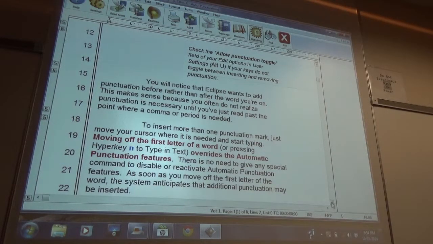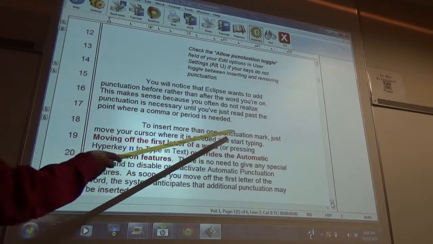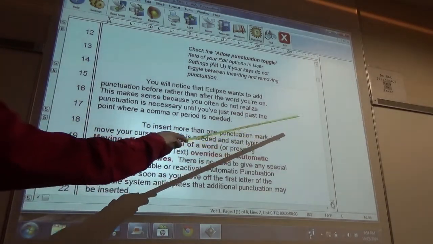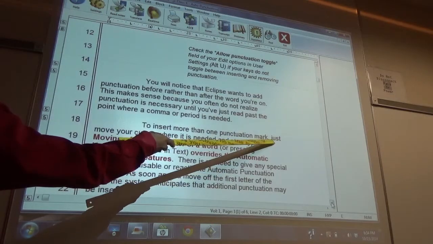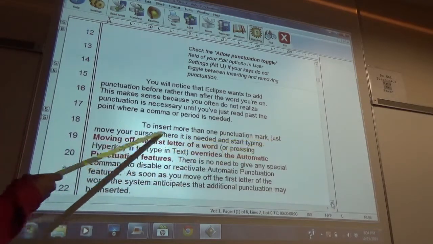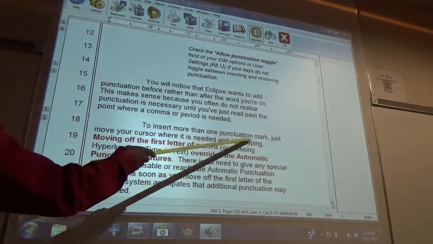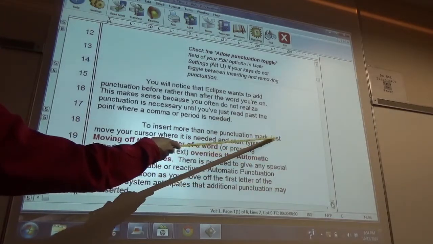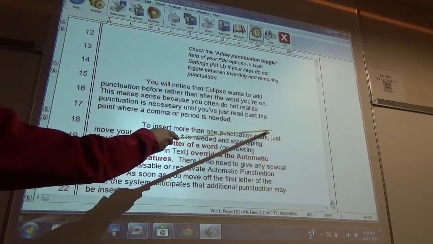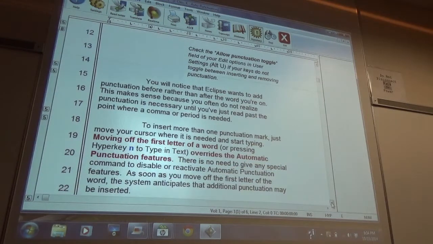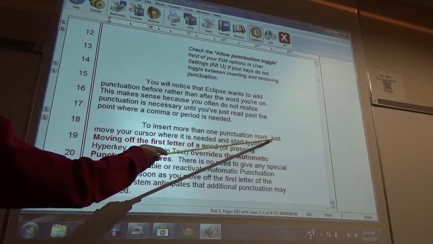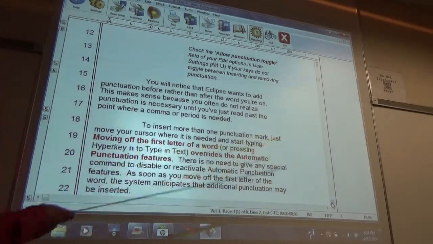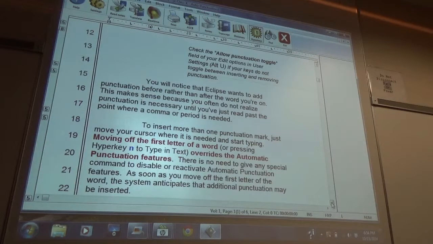Your cursor's already here, you push comma, it automatically puts a comma there, and you don't have to worry about it. You put a period right there, it puts the period here, space, space, and capitalizes the J. So it already knows what to do.